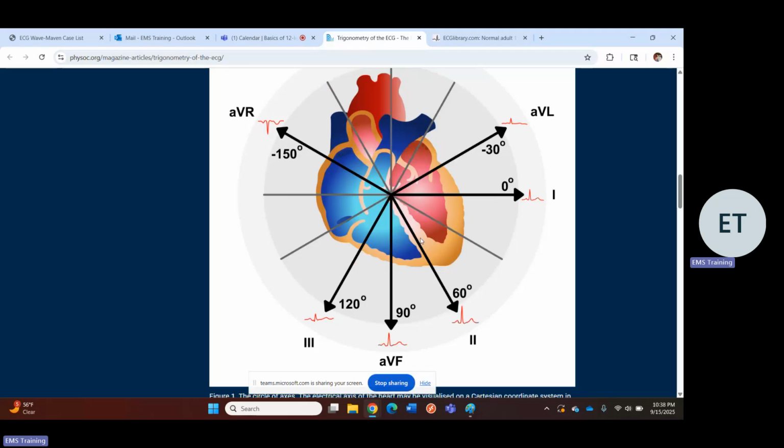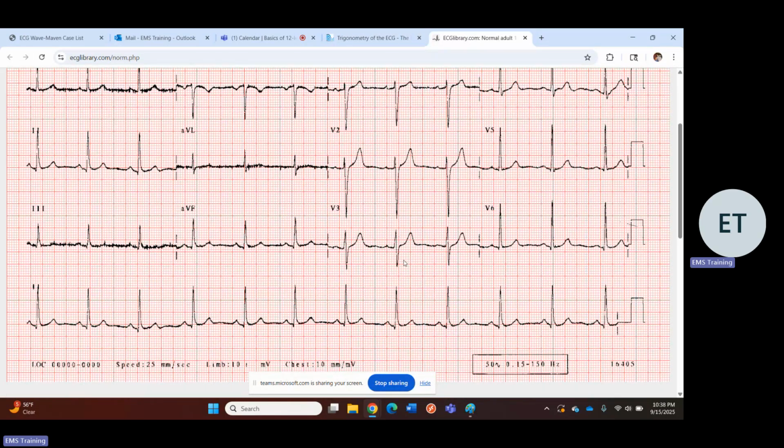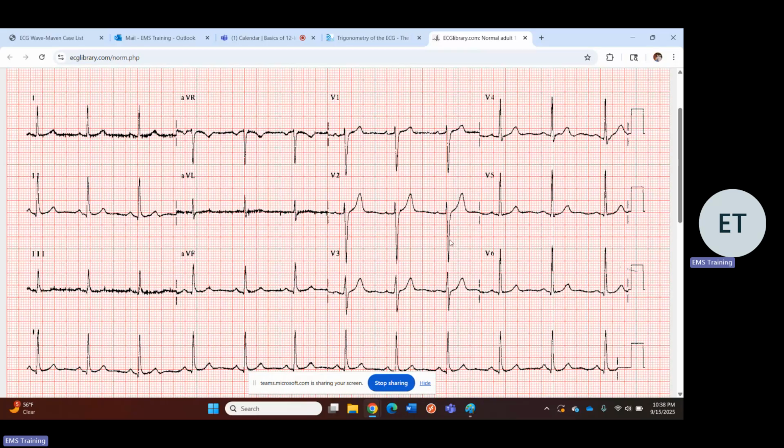If V3 and V4 are somewhere in the middle, that means that half of the electricity is going towards it, and half of it is going away from it, right? What does that mean? That means half of the lead is going to be up, and half of the lead is going to be down, somewhere between V3 and V4. That's called the R wave transition point, right? R wave is transitioning, and somewhere around V3 to V4, it should be 50-50.